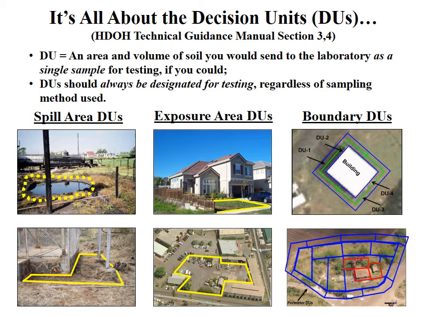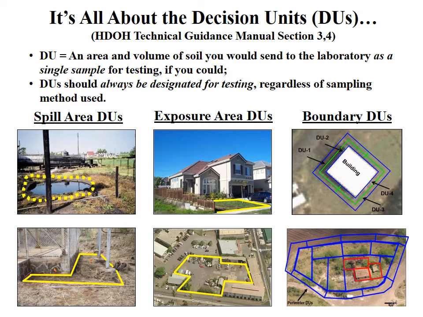And we've actually been doing this in the environmental industry from the beginning. We just haven't assigned a name to it or used it as part of designing the sampling scheme, at least using it properly. So we talk about spill area decision units in the environmental industry for contaminated land where we suspect high concentrations of contamination. From a risk standpoint, we talk about exposure area decision units.